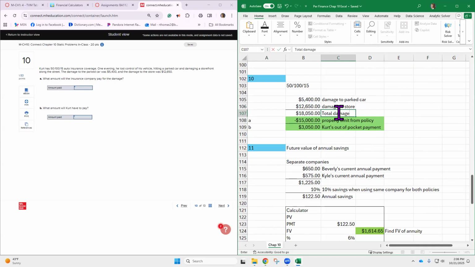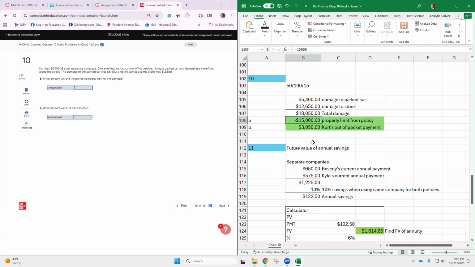Okay, total damage. There we go. But remember, the first number is for one person, all people, property. Okay, property, there wasn't anybody hurt, thankfully, because he just hit a parked car and a storefront.